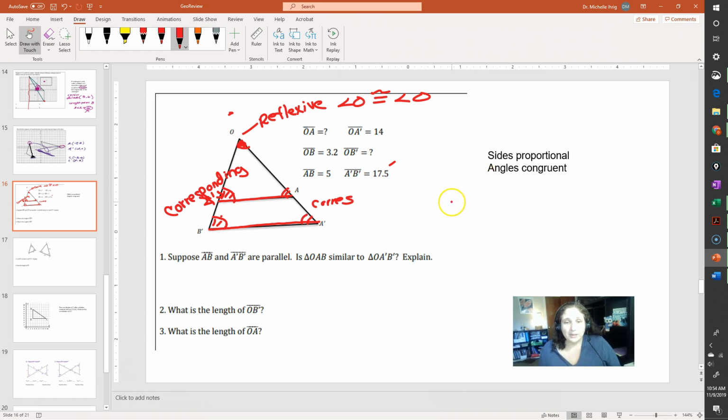Now, the next thing that we need to do is figure out what the missing part is. Well, we can take OA and divide it by OA prime. So that's going to give me 14 over x. I'm sorry, I did that backwards. Doesn't technically matter, but I typically have taught you to, no, we can do it that way.